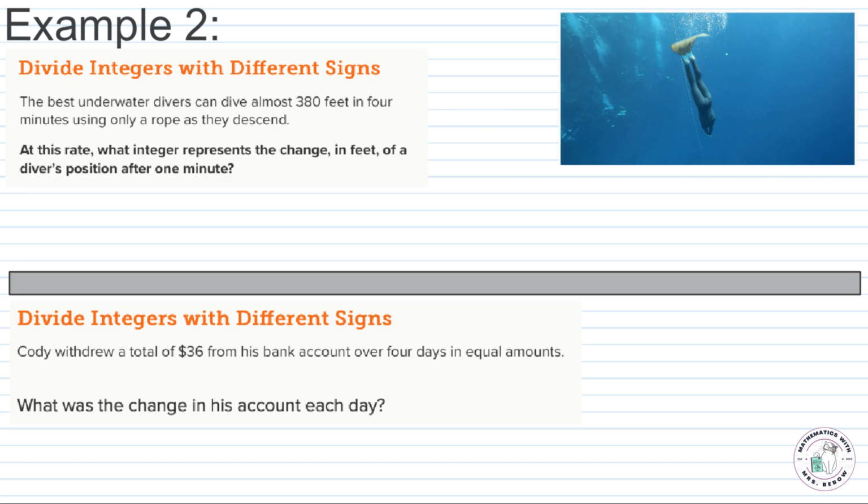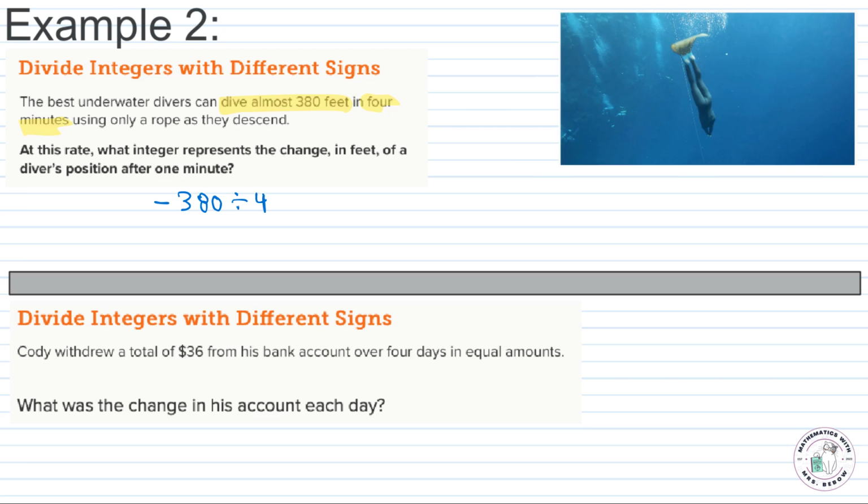To calculate a unit rate, we're just going to divide feet by minutes. We're diving 380 feet in 4 minutes. Diving is considered a negative action, so we're going to do negative 380 divided by 4.